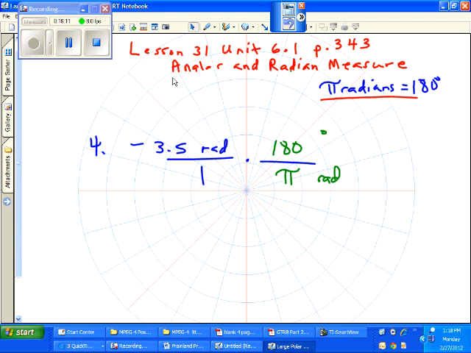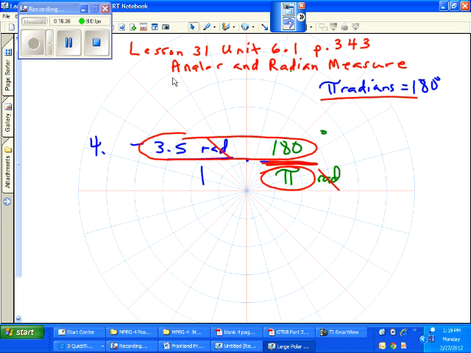And we're going to use that when we do our calculation, okay? And so we're going to cancel our radians with our radians. And so how are we going to solve that? We're going to take negative 3.5 times 180 and then divided by pi, correct?